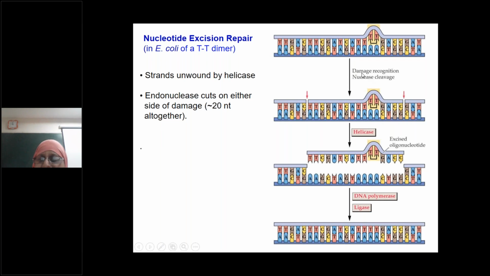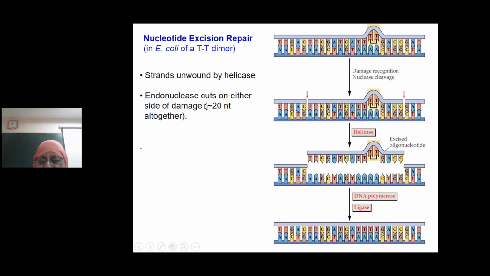The recognition of this abnormal pyrimidine dimer takes place through the nuclease, so damage recognition and nuclease cleavage occur. The strands will be unwound by the helicase and the endonuclease will cut on either side of the damage.